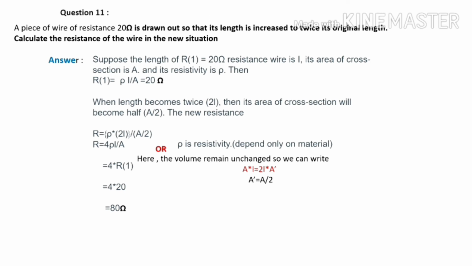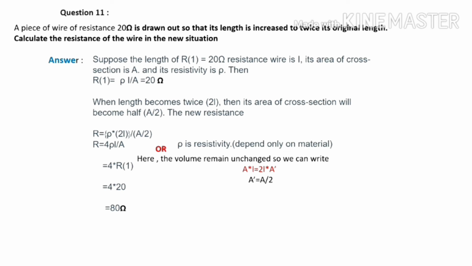So in the second condition, this is twice L. Calculate the resistance of the wire in the new situation. You take the same material, which initially has length L, and it stretches up to twice L. So the material is same, rho is constant.